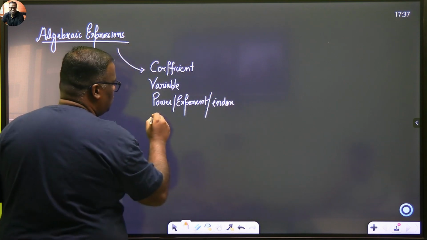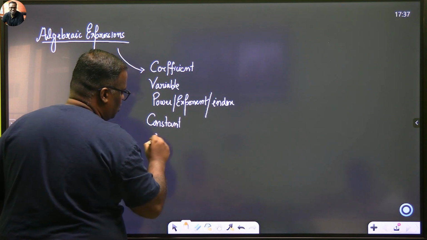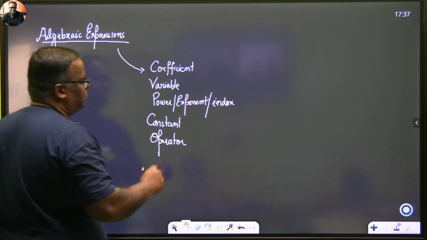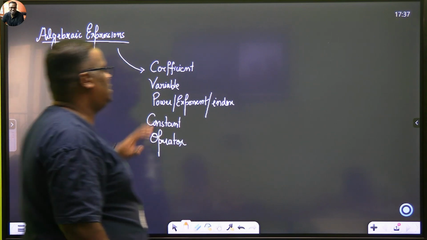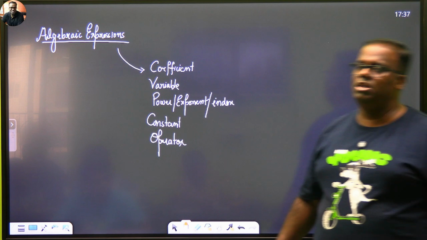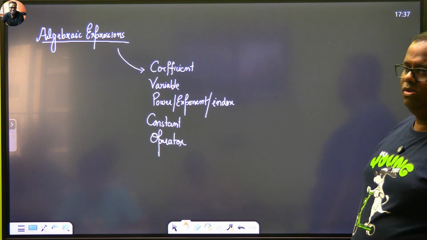We need to understand what a constant is, and then what an operator is. Once we have our knowledge clear about these things, only then will we be able to proceed.